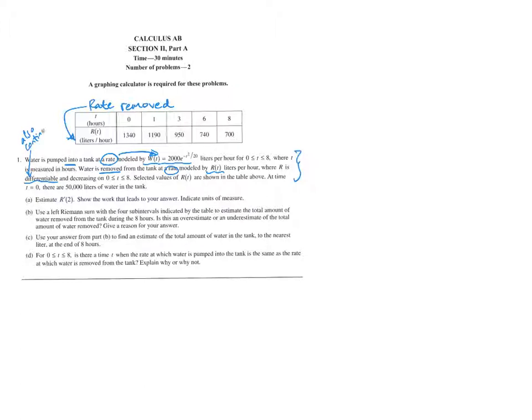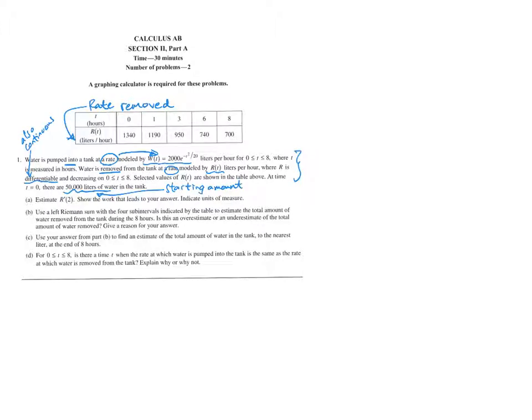And decreasing on that interval. Selected values of R of t are shown in the table above. At time t equals 0, there is our starting amount. That's how much water we start with. So there are some good things to text mark before we even start working on the problem.